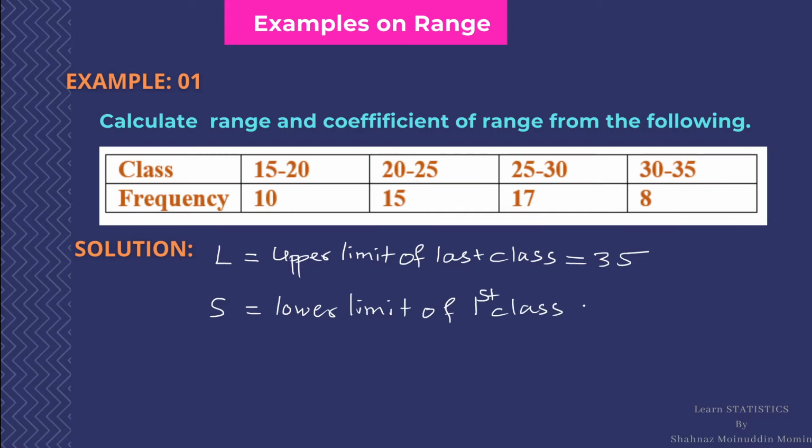In our case, the first class is 15 to 20 and its lower limit is 15. These are the values of L and S.